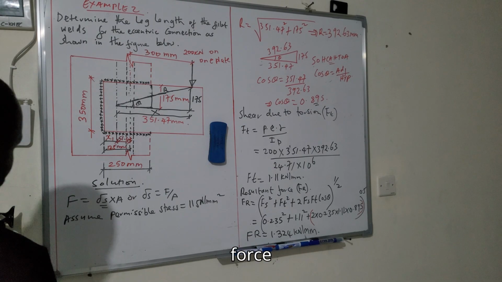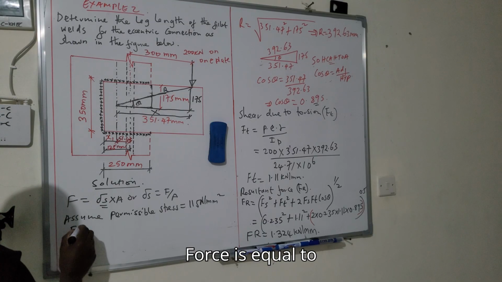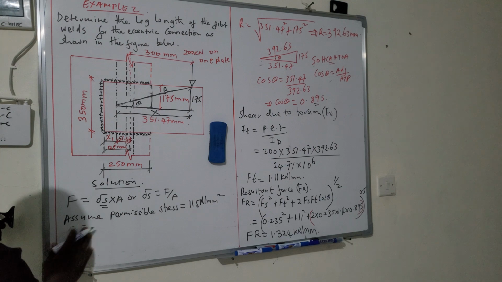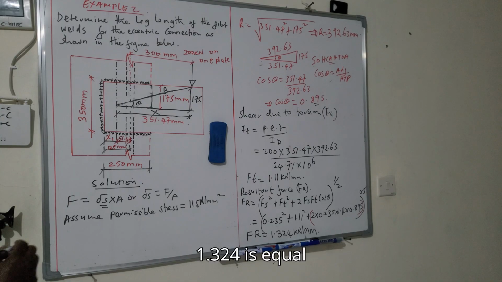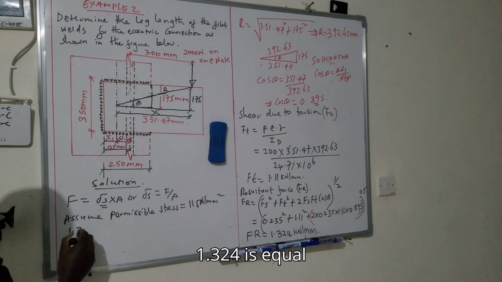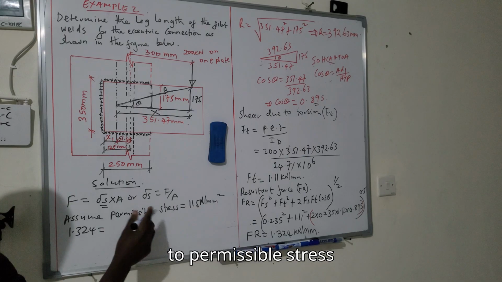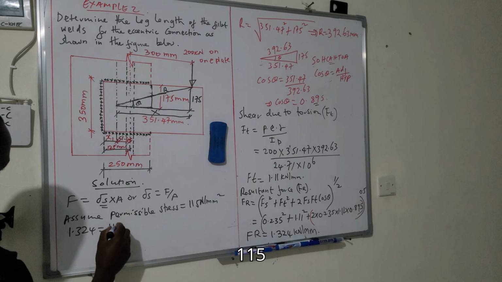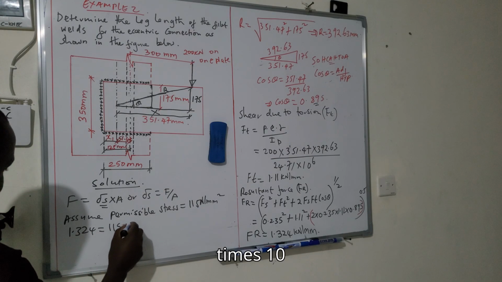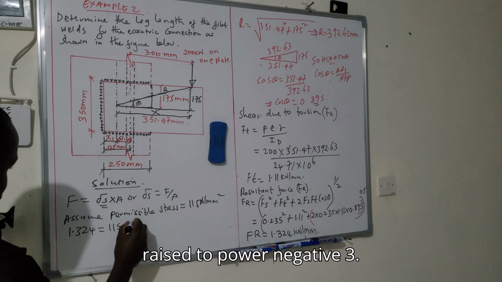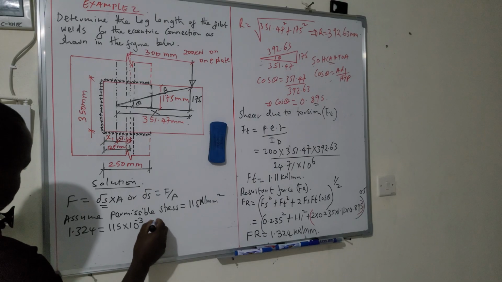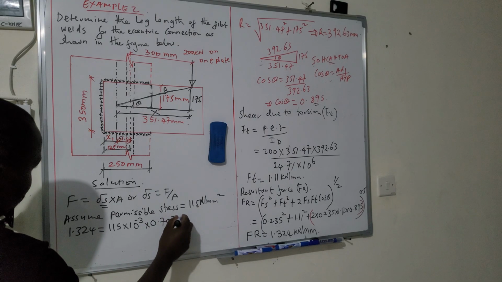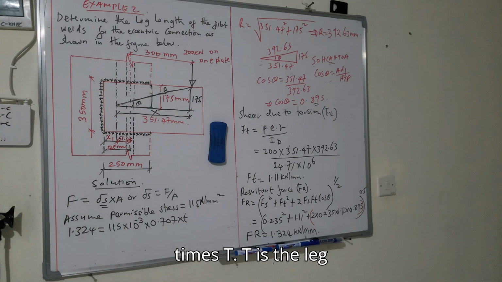So we know that force, our force is the resultant force, which is 1.324, is equal to permissible stress 115 times 10 raised power negative 3, then times area of the fillet, which is 0.707 times T. T is the leg length of the fillet.